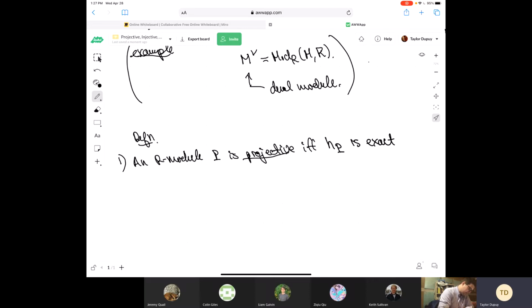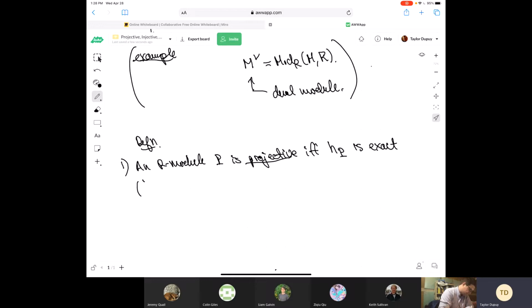This means it preserves limits and colimits, but let me just say it's exact, and let me just use this definition. It takes exact sequences of R modules to exact sequences.